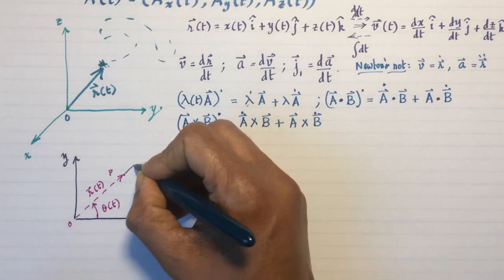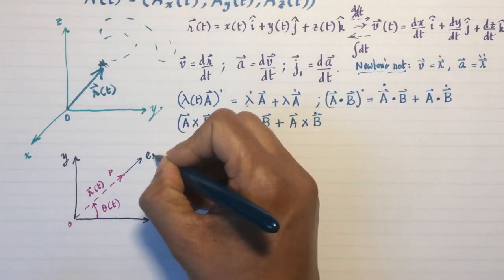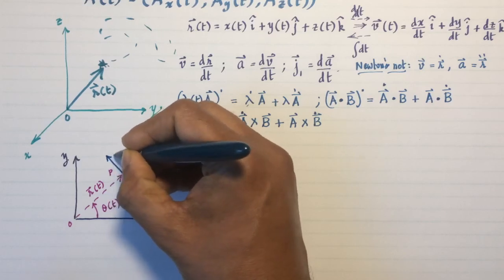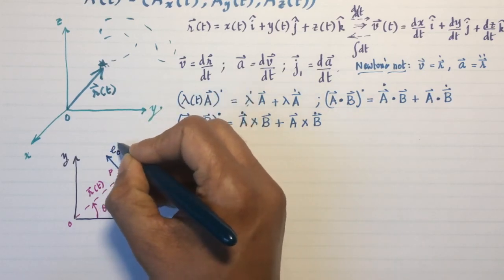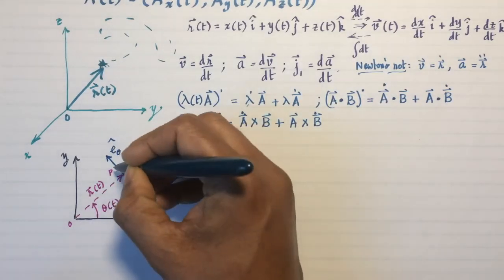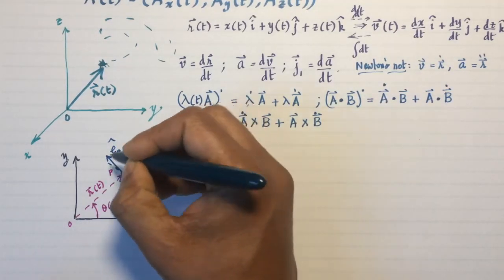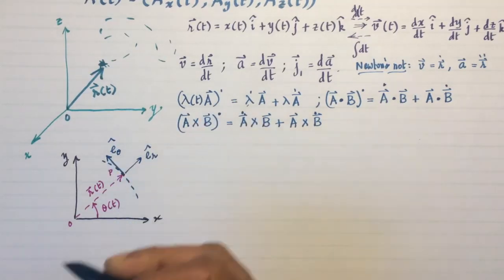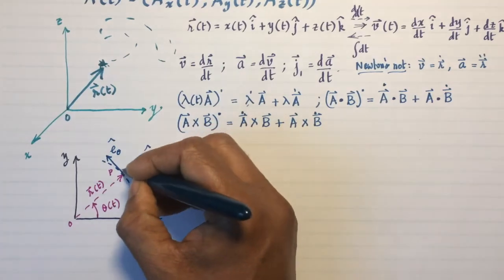So if I have the unit vectors in polar coordinates, er and e theta, you'll notice that er is radial to any circle you can draw, and e theta is tangential to that circle, and er and e theta of course make a 90-degree angle.